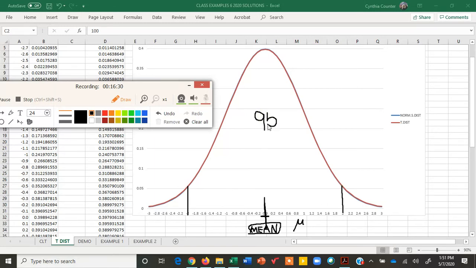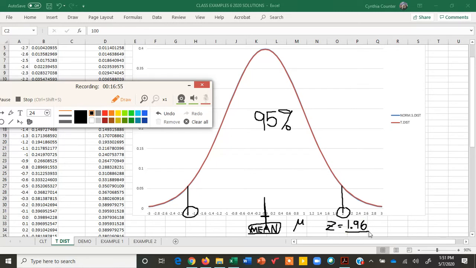So here's our middle 95%. When we're working with the standard normal, that's at a roughly 2 and negative 2. But with the standard normal, when we go to 2 decimal places, that 2 is actually more accurately 1.96, right?